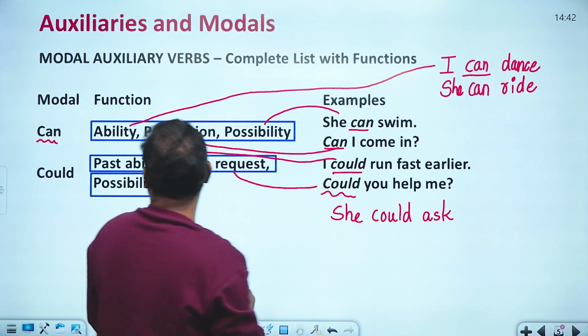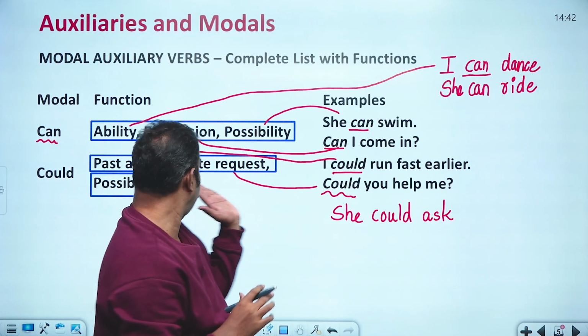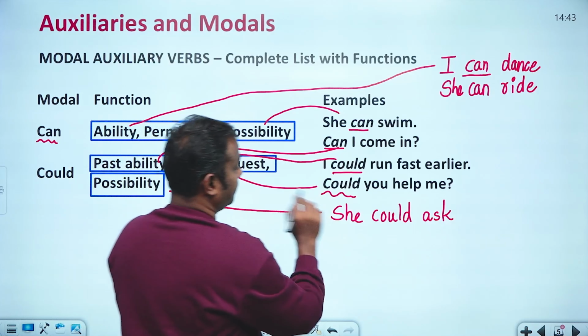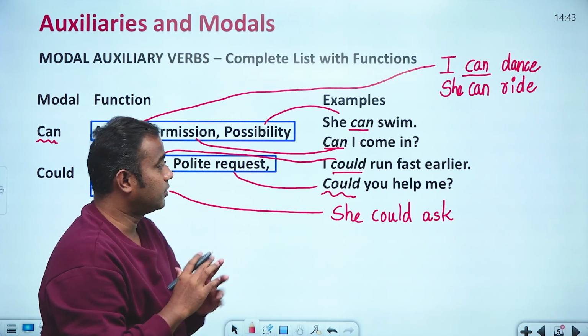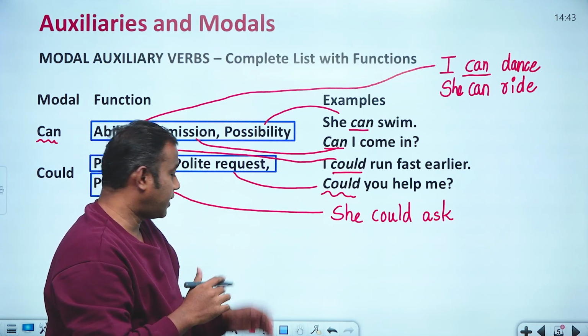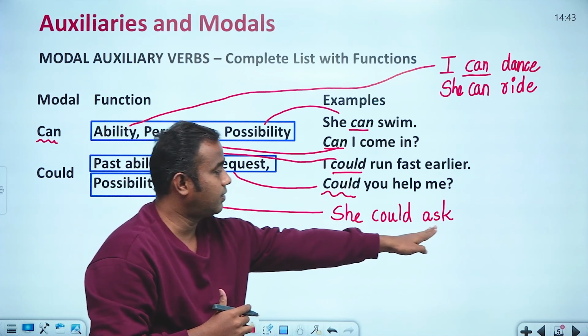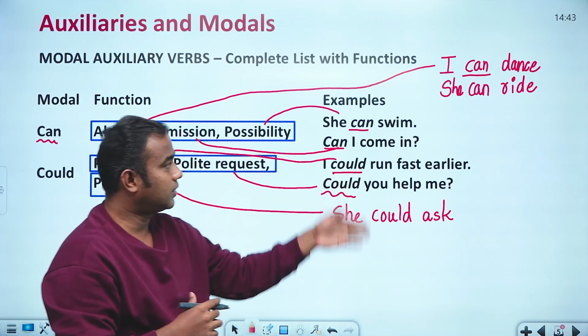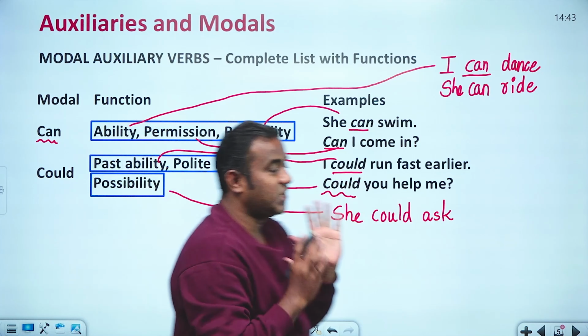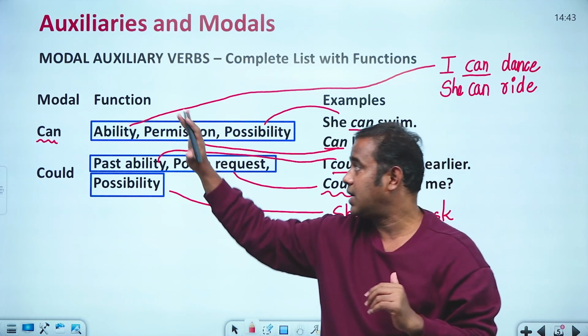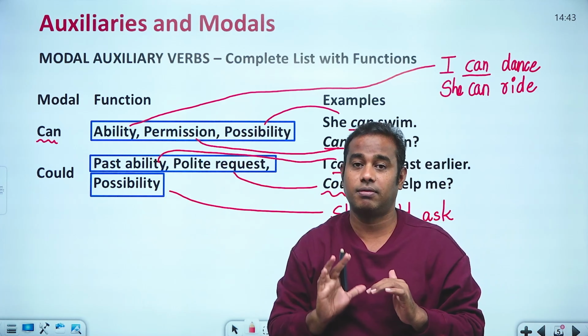This is basically the polite possibility. You can do it, some possibility. She could write is the right sentence. Anyway, this is a verb here, so no problem. So these are the varieties of can and could in modal verbs.